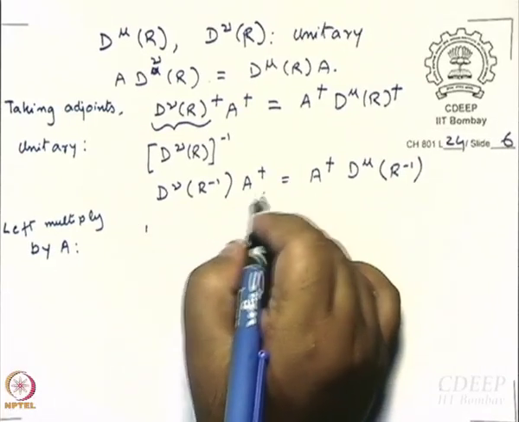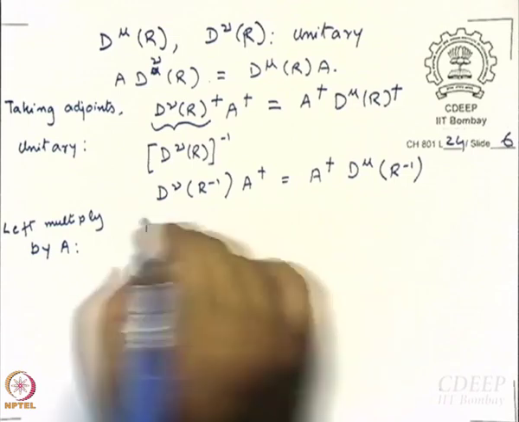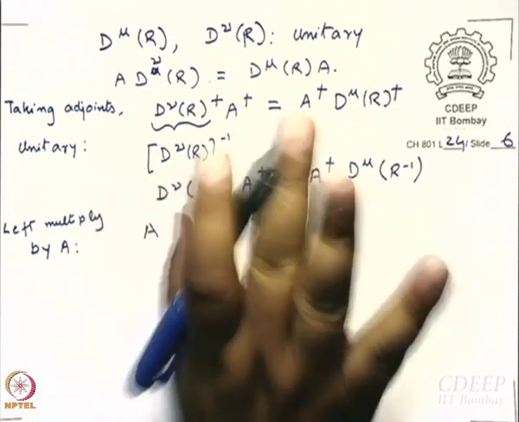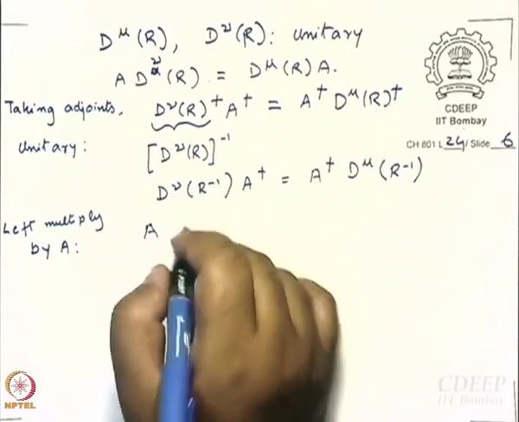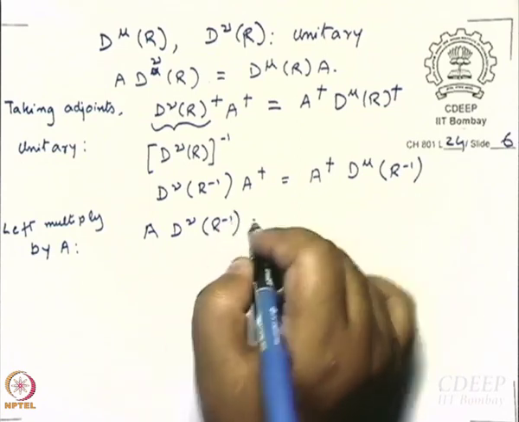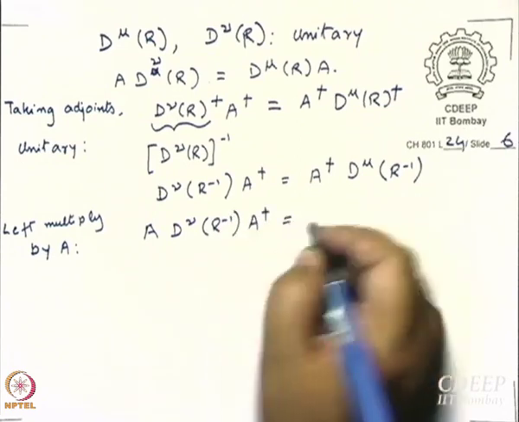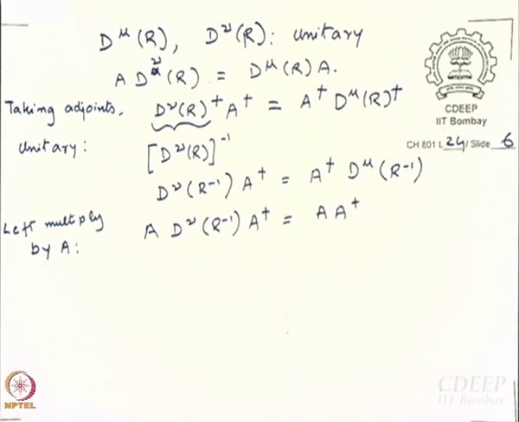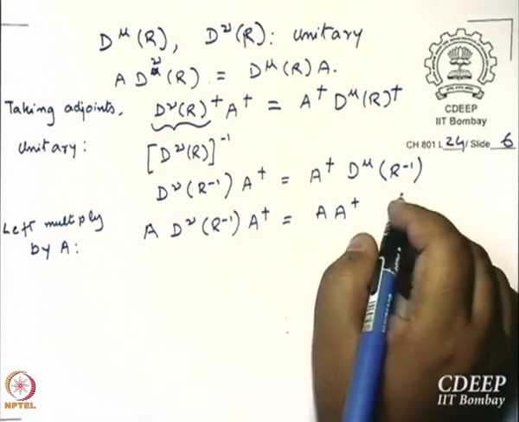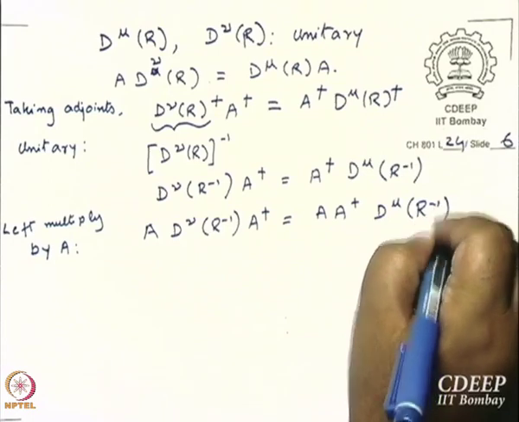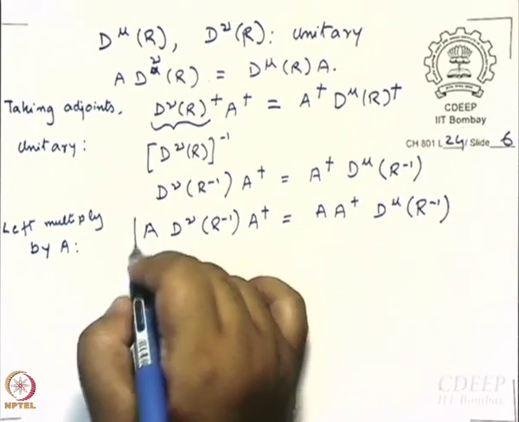A, right? Because this is the inverse of A. Not necessarily, but this will at least be something like a similarity transformation. A d nu r inverse A dagger is equal to A, sorry, A is not the inverse, my mistake. It looks something like a similarity transformation, not actually. A dagger d mu r inverse. It will help us eliminate some things.